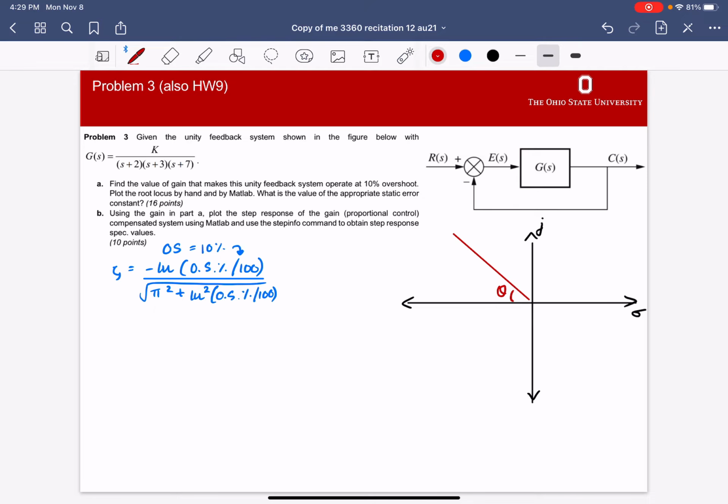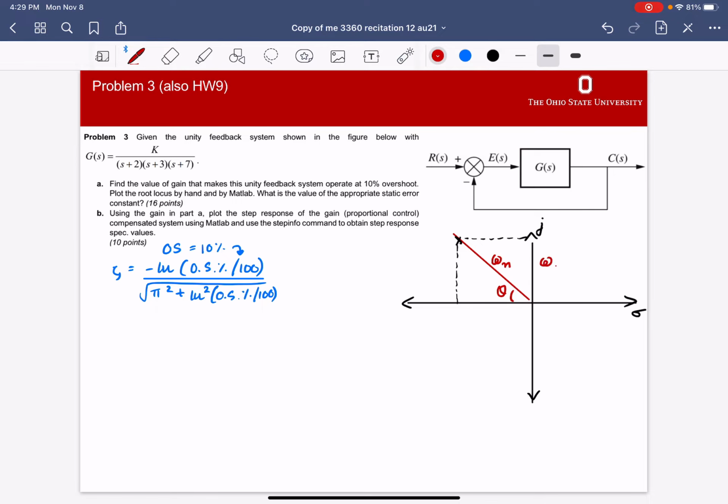If you're looking at any point on this line, it would be something like this. So the magnitude of wherever it is would define the natural frequency.